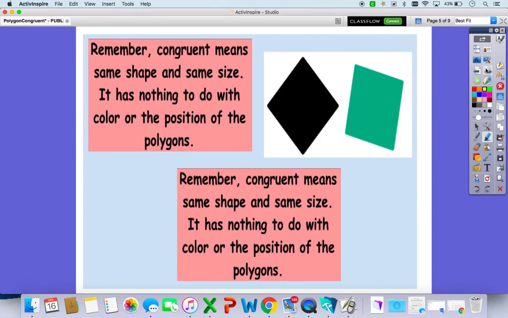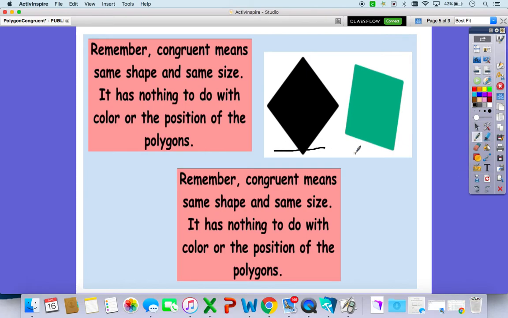Now, we have 2 definitions. Again, remember, congruent means same shape, same size. I want to point out that congruent has nothing to do with the color or the position of the polygons. Let's look at these squares right here.